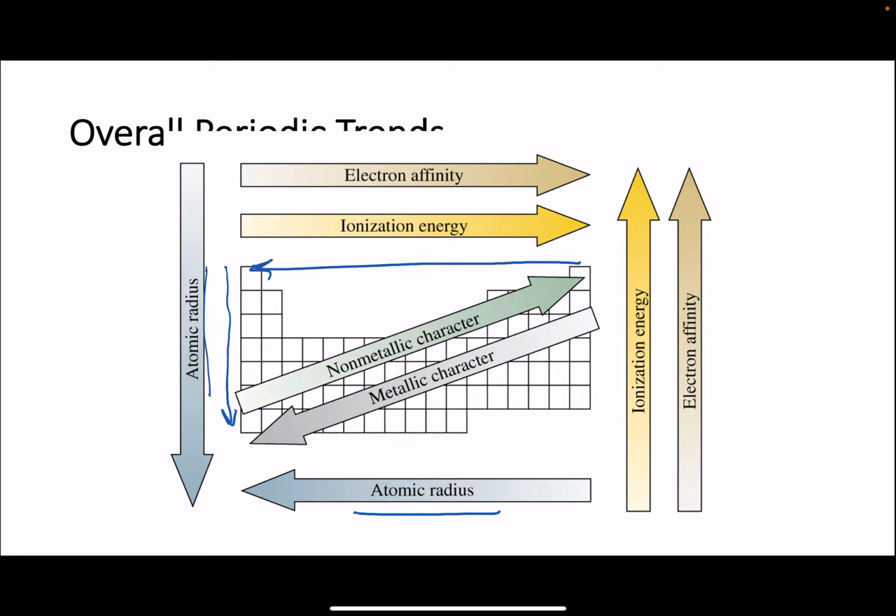Okay. Sometimes it's easy to put these two trends together and simply remember that atomic radius increases as we go from this corner of the periodic table to this corner of the periodic table. Okay? And so that's where these sort of diagonal trends indicated by the non-metallic or metallic character can help put the two kind of vectors for trend and atomic radius together.